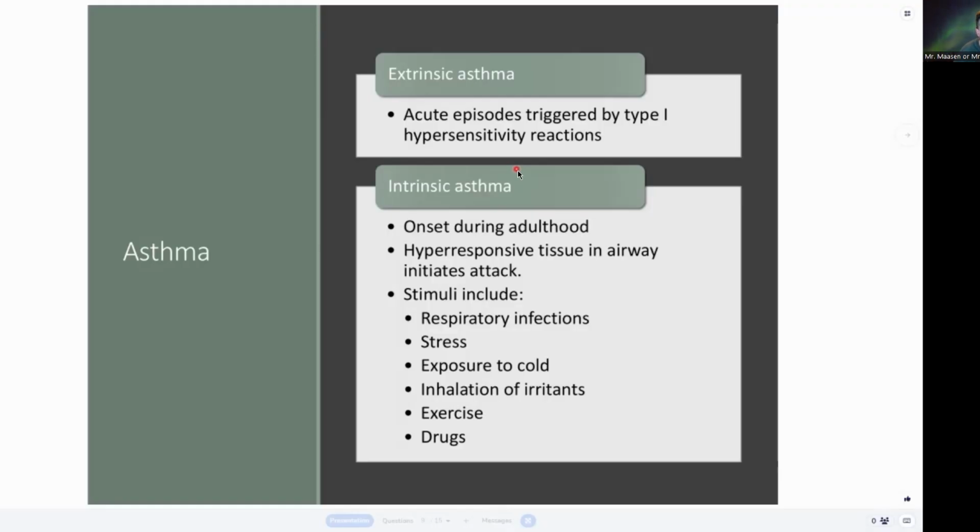It's been a long weekend. So extrinsic asthma is more along with allergies, childhood asthma, hypersensitivity. Intrinsic is adulthood, maybe triggered by some kind of response like respiratory infections, exercise, irritants. Certain drugs can trigger it, and then an adult would have asthma. It just kind of depends.